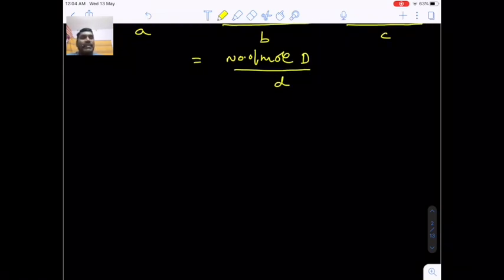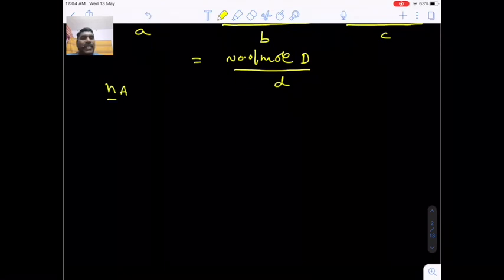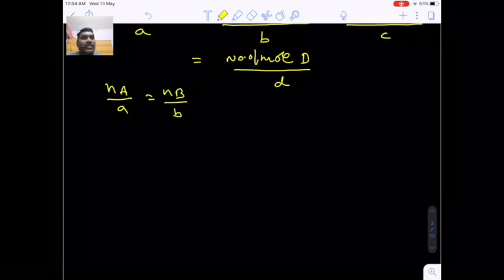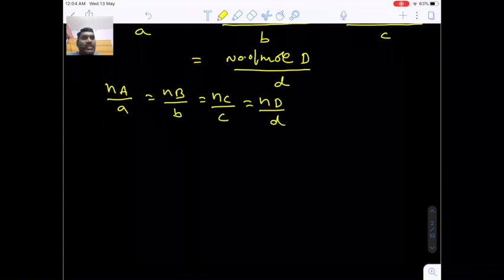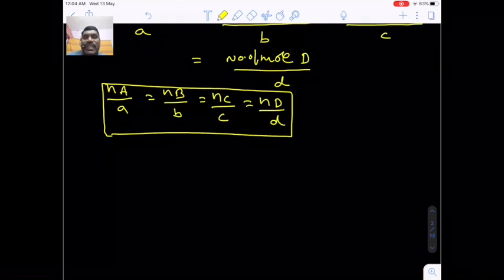So this is a very useful relation between the number of moles of reactants and products.